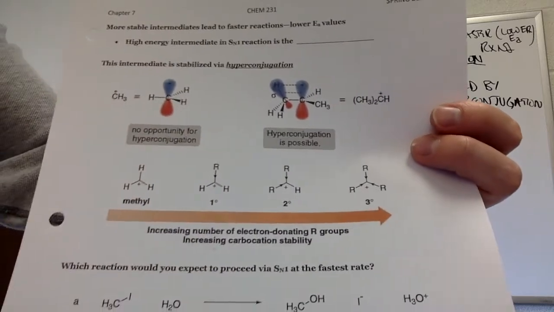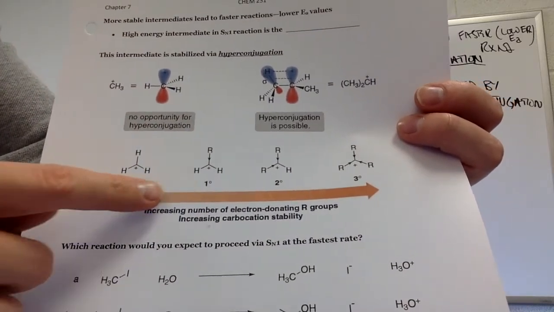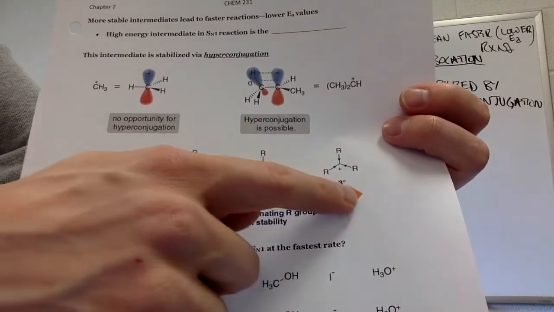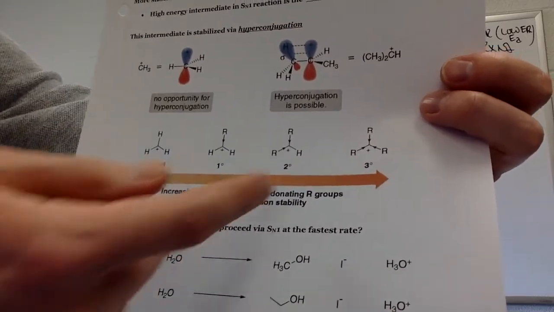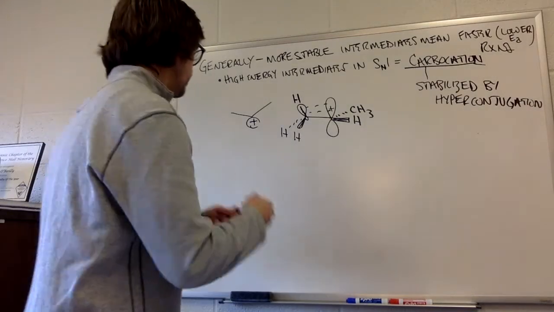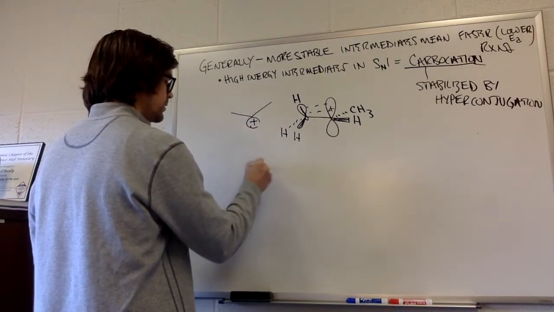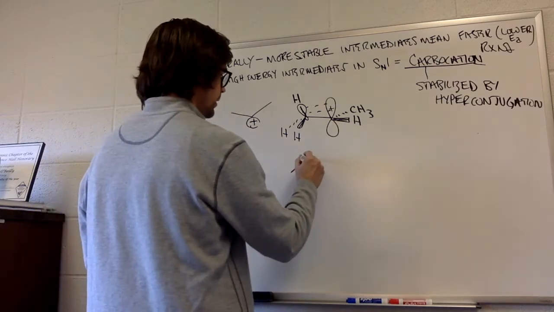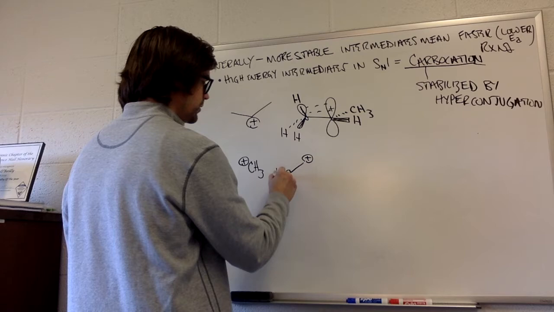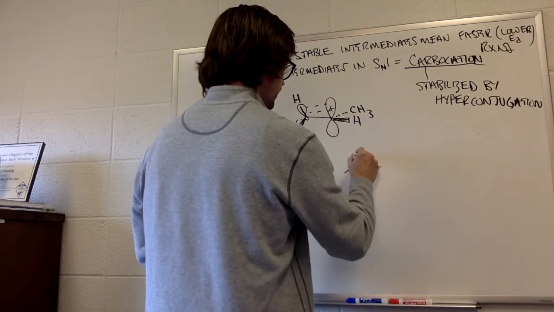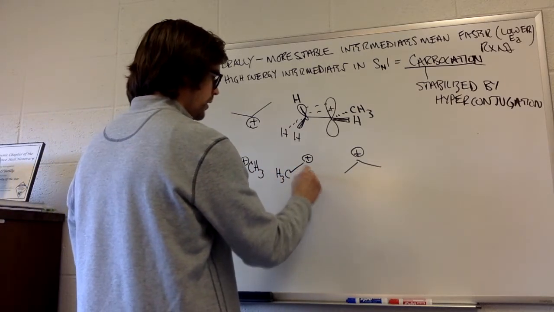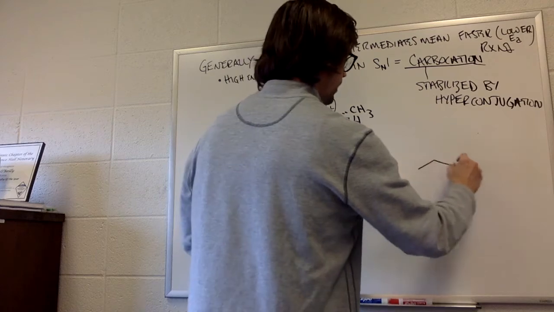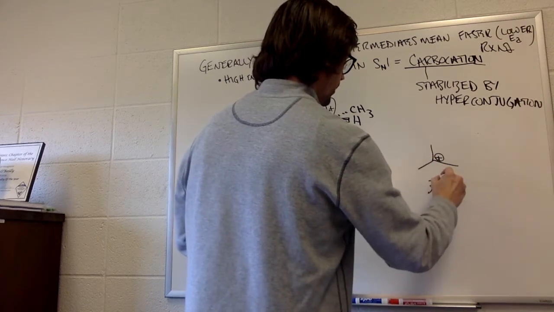And essentially what we see is that going from a methyl carbocation to a primary carbocation to a secondary carbocation to a tertiary carbocation, it gets more stable as we get more substituents off of that positive charge. So I'm going to draw that up on the board as well. If we have just a CH3 plus versus a plus next to a CH3 versus a secondary, so this is a methyl carbocation, this is a primary carbocation, this would be a secondary carbocation, and this is a tertiary carbocation.